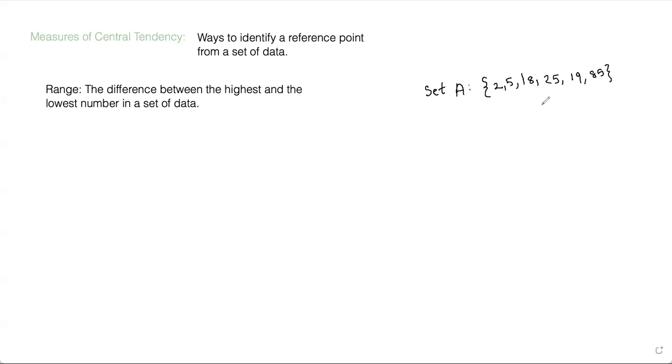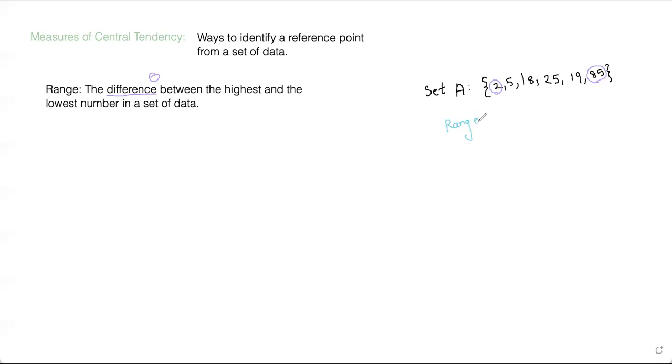First, in order to find the range, we need to find the lowest term in the data set. Looking at my numbers, my lowest is the number 2. Now we need to identify our highest number, which seems to be 85. As we defined, it was the difference, and in my head, difference always translates to subtraction.